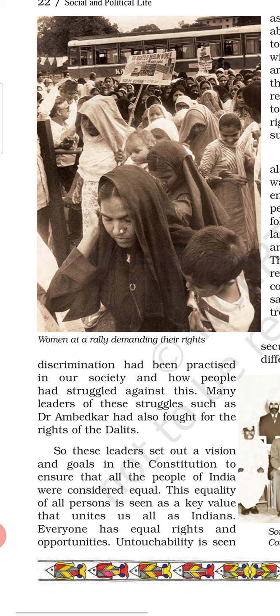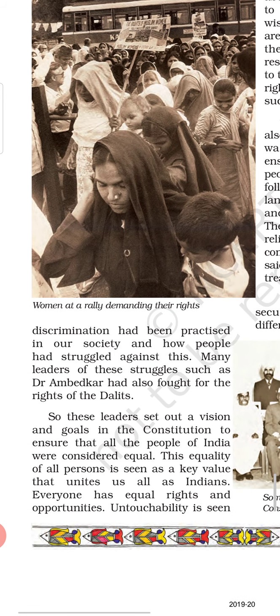Many leaders of these struggles, such as Dr. Ambedkar, had also fought for the rights of the Dalits. This we have discussed in the previous paragraph as well, that he had fought for equality for the Dalits. So these leaders set out a vision and goals in the Constitution to ensure that all the people of India were considered equal.